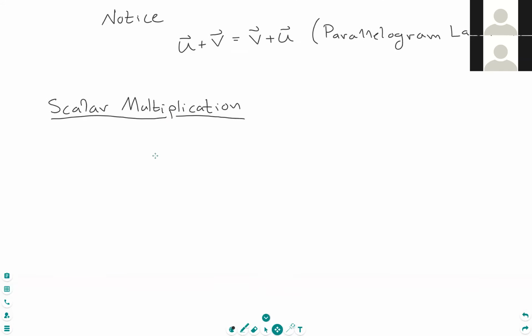Okay, so we have to throw in the scalar out in front because we'll learn about what happens when we multiply, and that's in air quotes, vectors together.